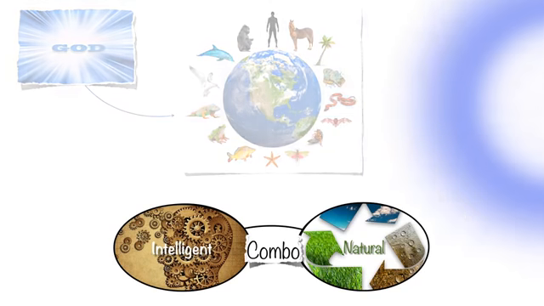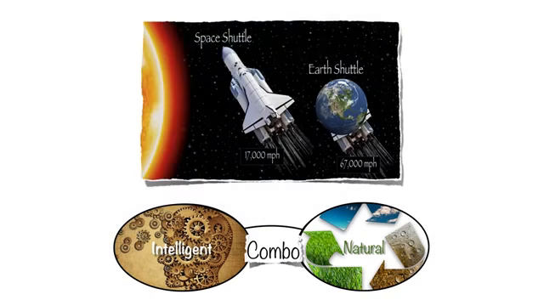A planet traveling through space at 67,000 miles per hour in the midst of a cold and hostile universe, in much the same way astronauts survive aboard a space shuttle. Only a person wearing glasses that views the world from both a natural and an intelligent perspective will see this. Those lacking this two-dimensional view miss out on so very much that the intelligent creator has intended for them to see.